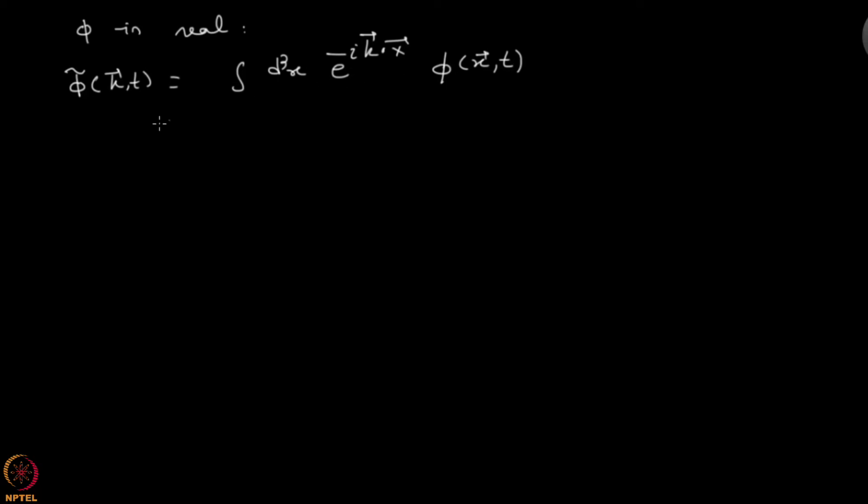Okay. So let me take the complex conjugate of both the sides. So phi is right now being treated as a classical field, not as an operator at the moment. So if I take complex conjugate on both sides, I get phi tilde star of k t, and I forgot the 2 pi to the 3 by 2 here.